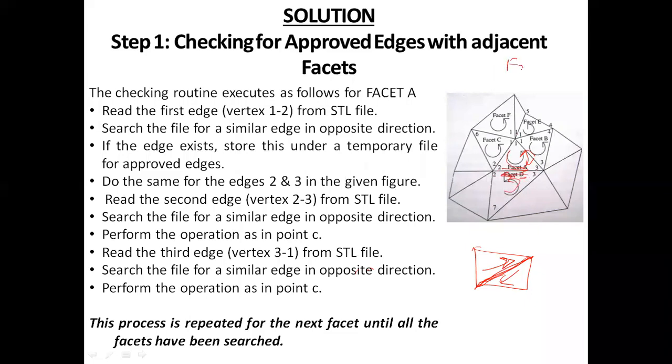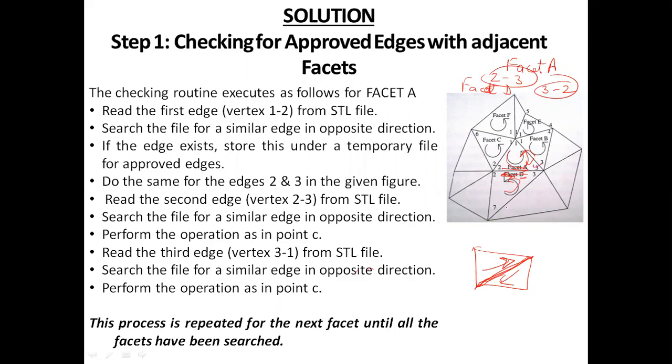So for facet A the orientability is 2 to 3, and for facet D the orientability is 3 to 2. That means the edge has a proper orientability.